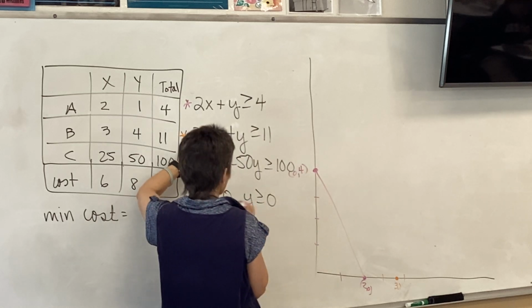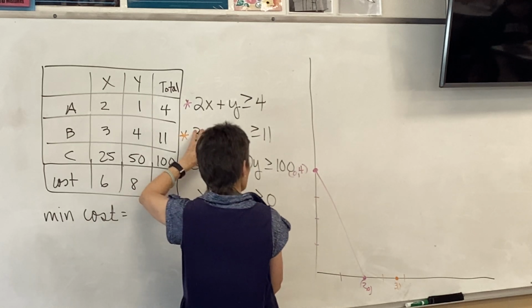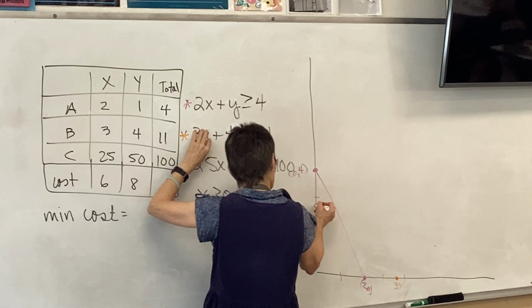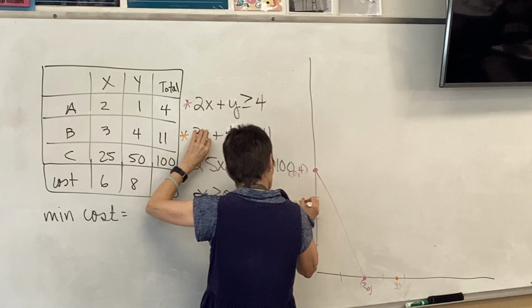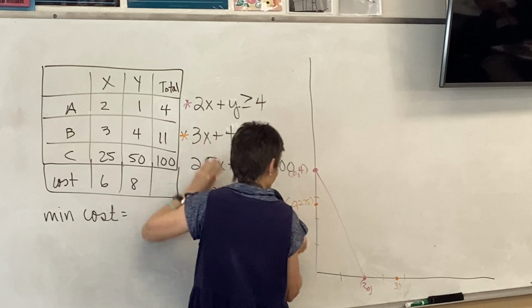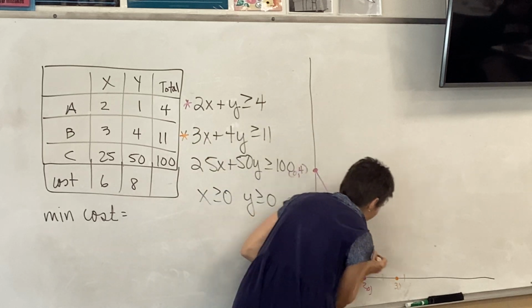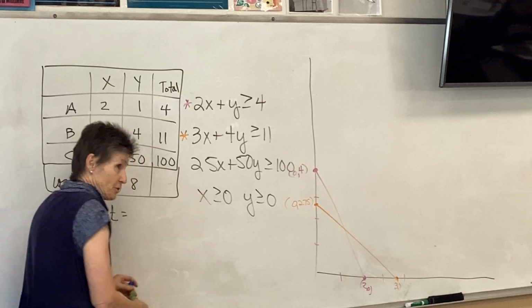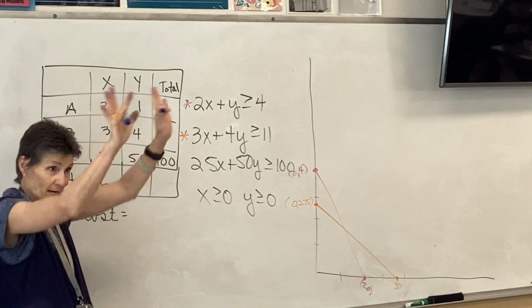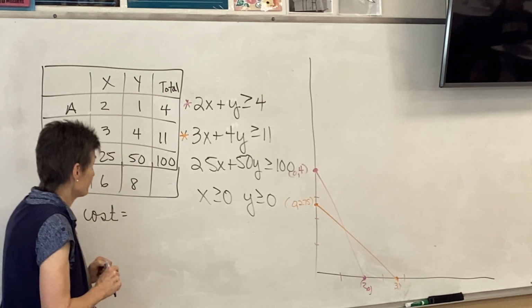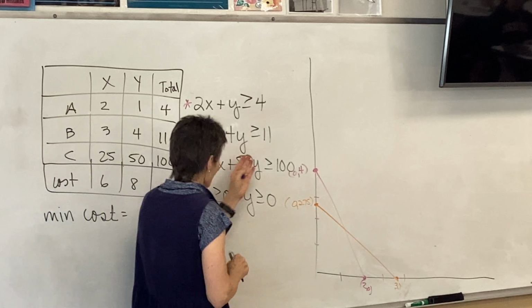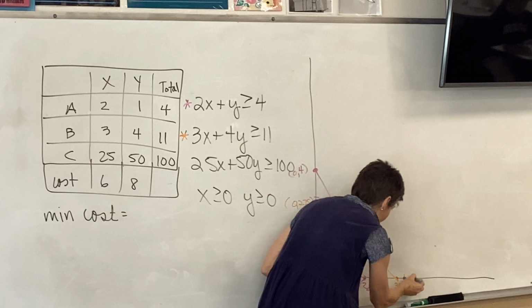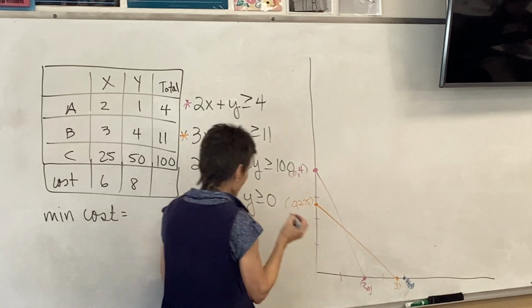And if I cover up X, Y is 2.75. So I'll connect those. And that one is also shaded out. X is 4, Y is 2.